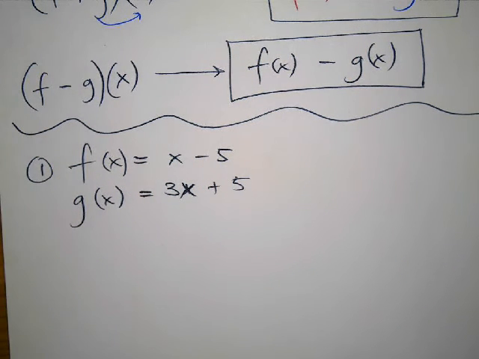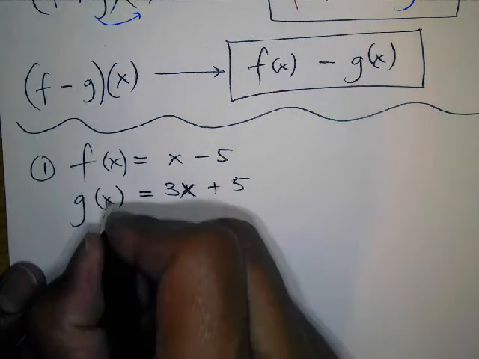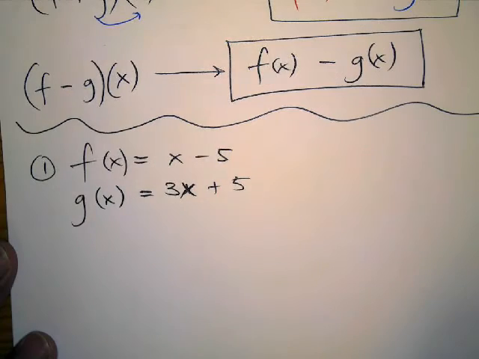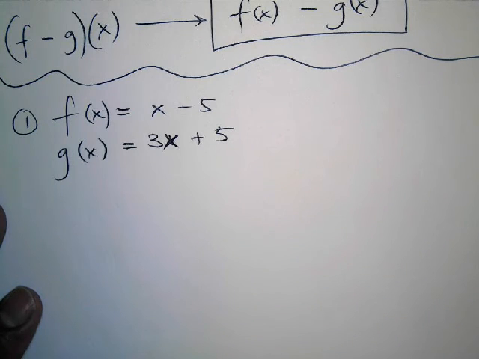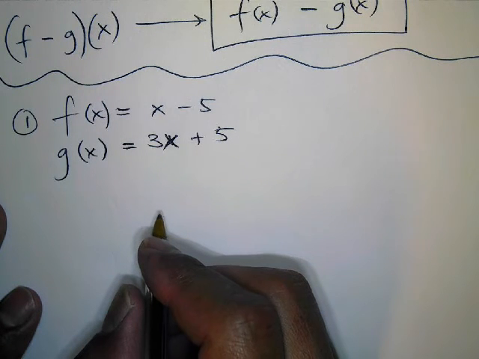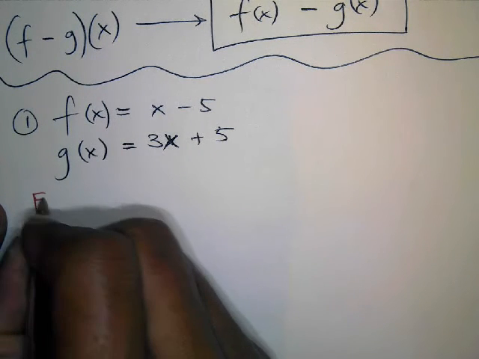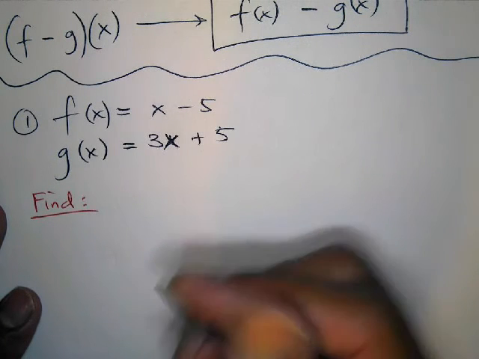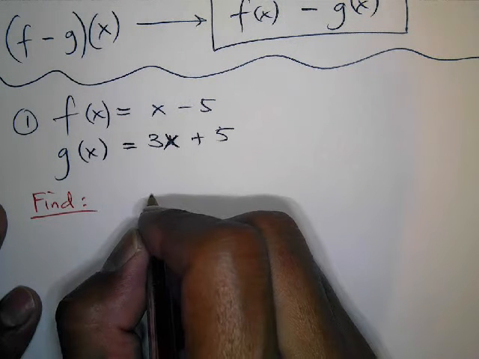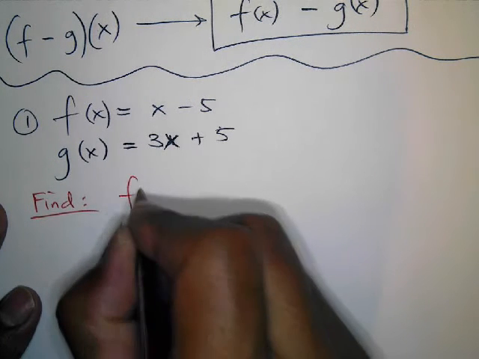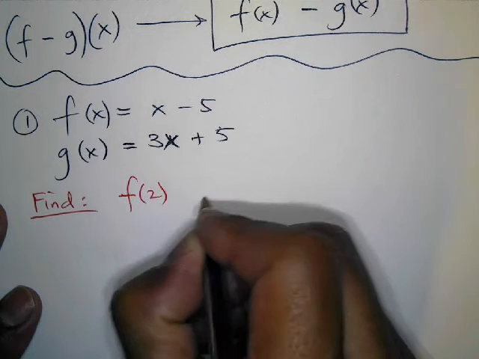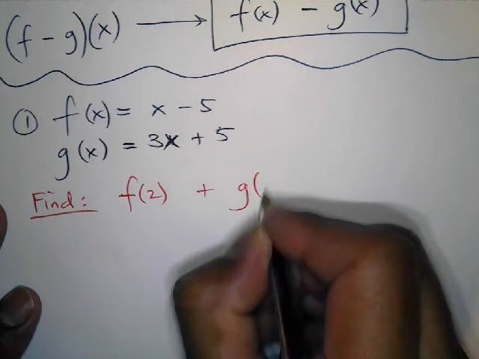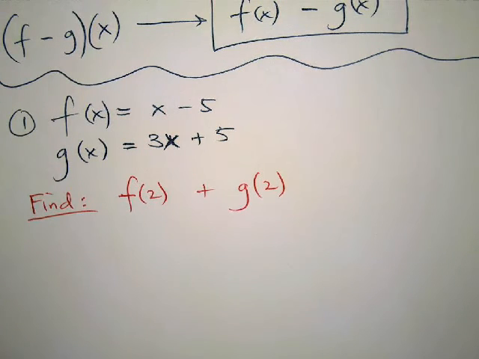And the problem was like this, and we have actually seen something like this before, but not with the notation. What if the problem asked you to find f of 2 plus g of 2?